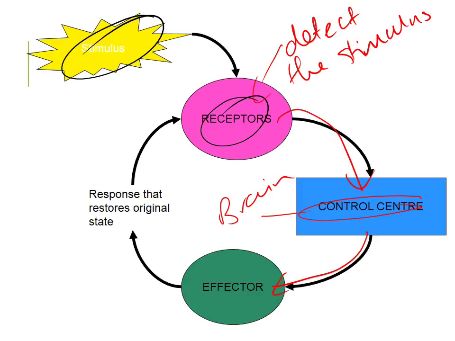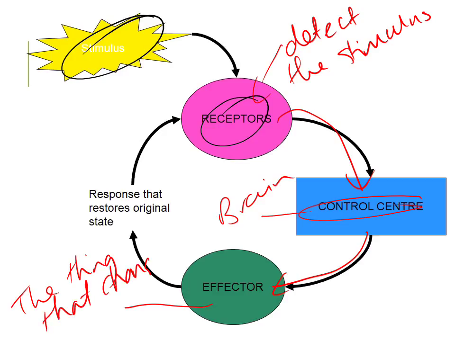So the stimulus says this is what's going on, our receptors detect what's going on, our brain says, all right, this is what's happening, so we're going to make these changes, and the effectors are the changes that are responding to that stimulus. So the effector is the thing that changes the stimulus.